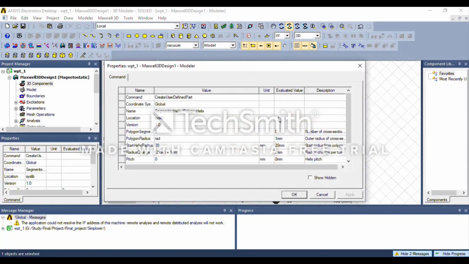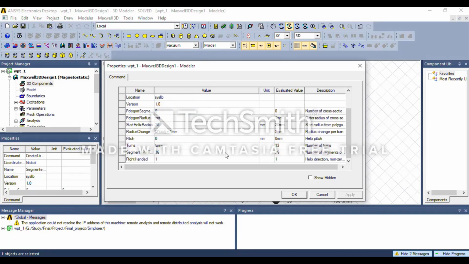Here we can find that the polygon radius, that is the radius of the cross section of the wire, is 1 mm. That is, the diameter is 2 mm. The starting radius is 20 mm, and for the number of turns, we have kept it as a variable named turns, and the initial value for that variable is 13.